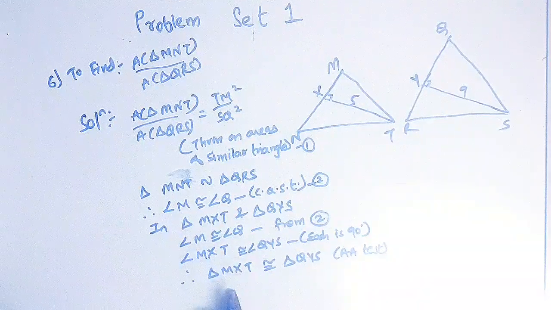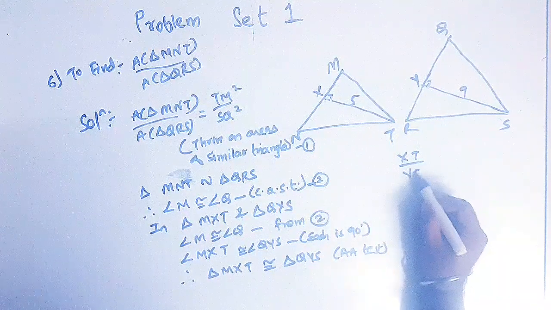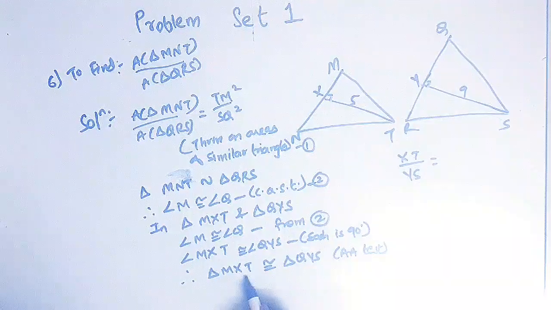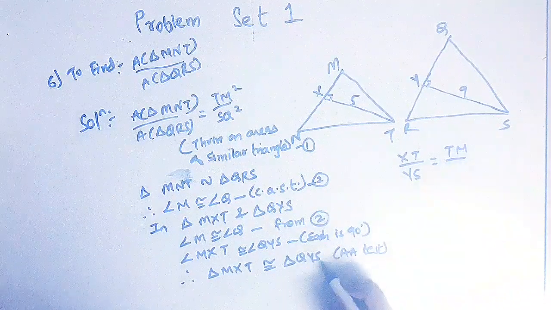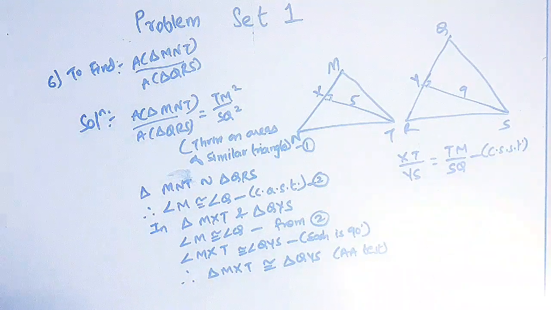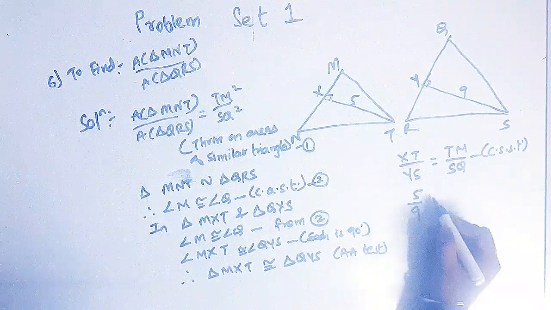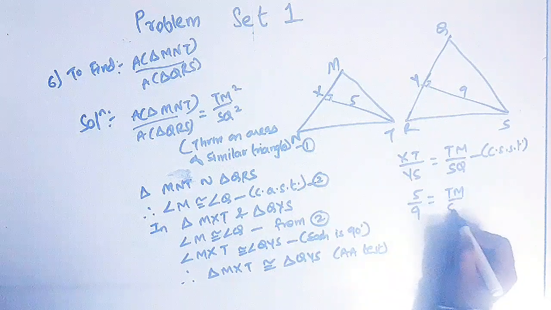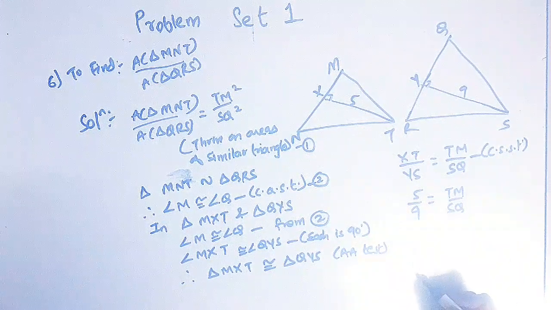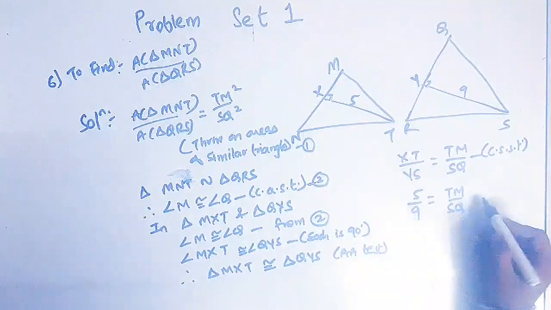So as soon as we got this, I can write XT upon YS equals to TM upon SQ. This is CSST. Now XT upon YS, you can see, I know it is 5 upon 9 equals to TM upon SQ. Now if you observe point number 1, this is TM upon SQ, this is also TM upon SQ.